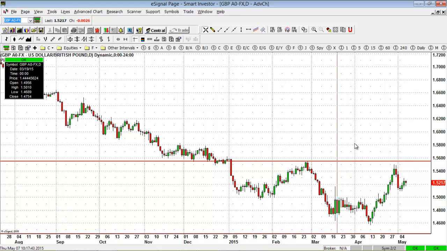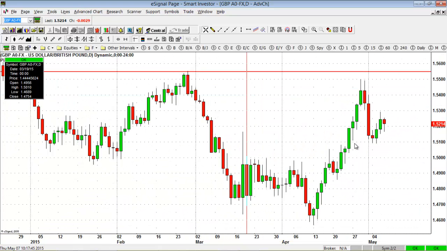And my answer is no, because my stops are in, and I'm trading a definite system. And when you're trading a system, you follow the system to the T. So just because UK election results are coming out, I'm not going to abandon the system. We're still going to follow the system.